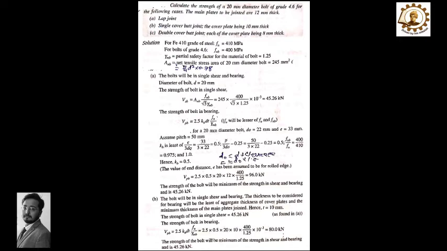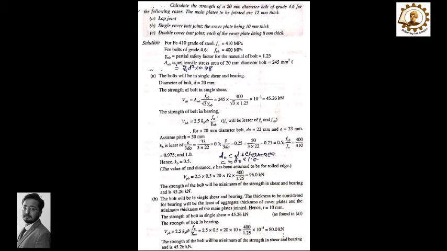So the same formula, 2.5 kb dt fu by gamma mb, equals 2.5 into 0.5 into 20 into thickness 10 into 400 by 1.25, multiplied by 10 to the power minus 3 to make it kilonewton from Newton, that is 80 kilonewton. In this case also, the strength of the bolt will be the minimum of the strength of shearing and bearing, and that is also 45.26 kilonewton.